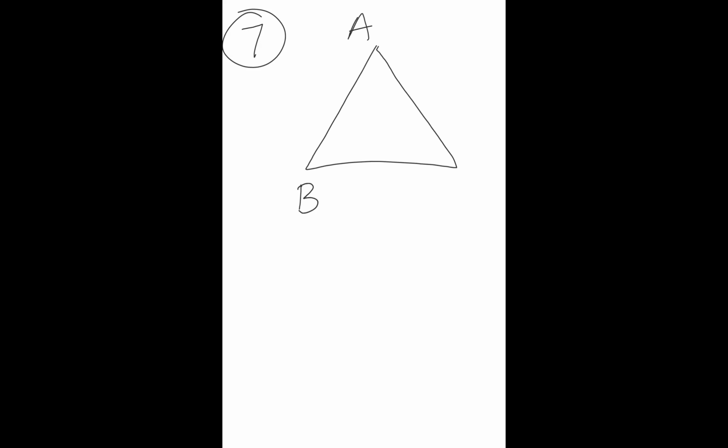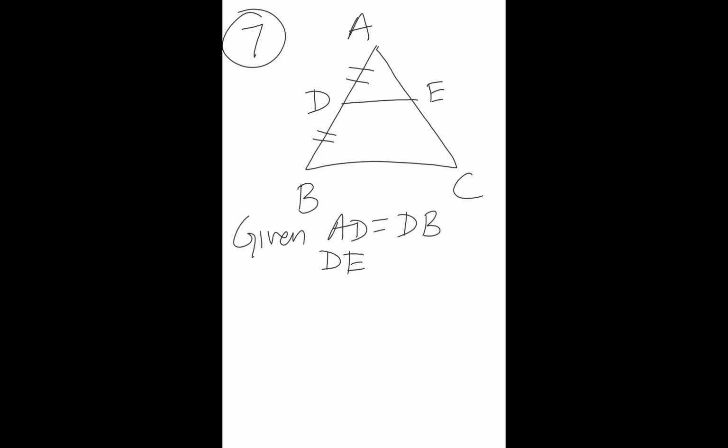This is A, B, C. We have a triangle, D is midpoint of AB, means AD and DB are equal, and DE is parallel to BC. You have to prove E is midpoint of AC.